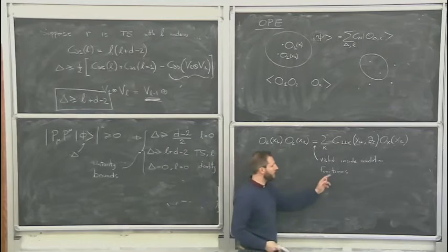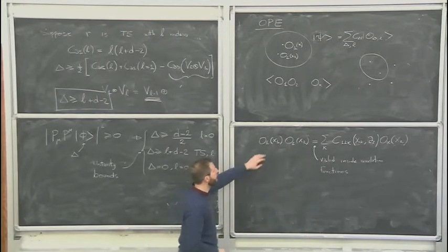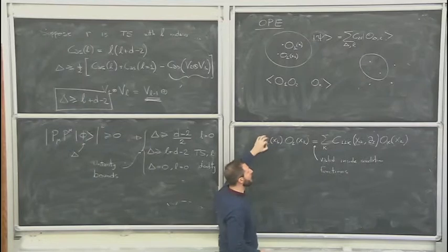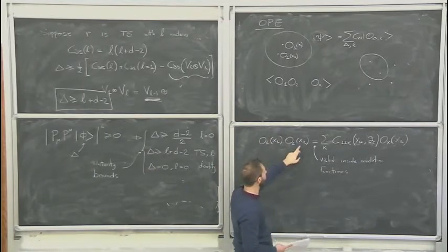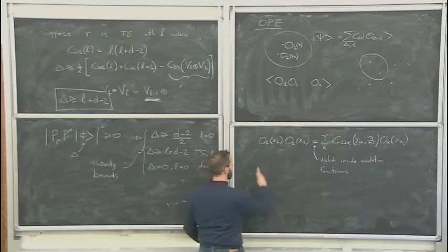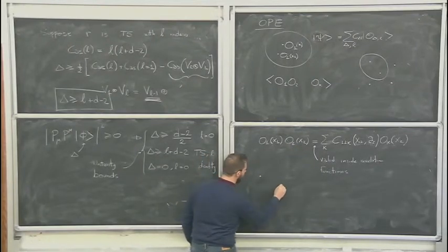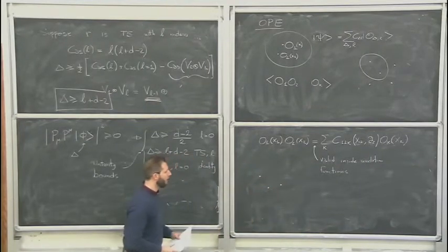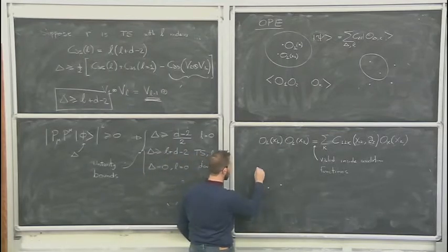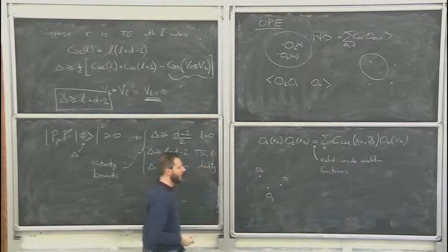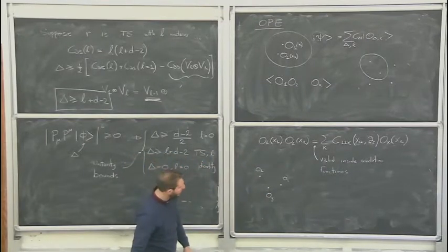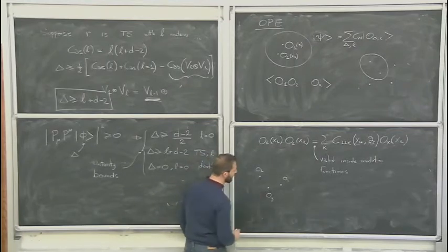Not only is it valid only inside correlation functions, but you have to make sure that there is no other operator living inside the sphere. So this statement does not hold if, let's say, you have three operators, O1, O2, O3, inserted like this. The operator product expansion does not hold, for instance, in this sphere.